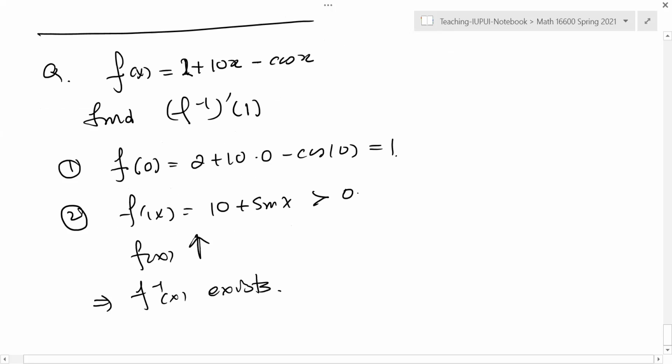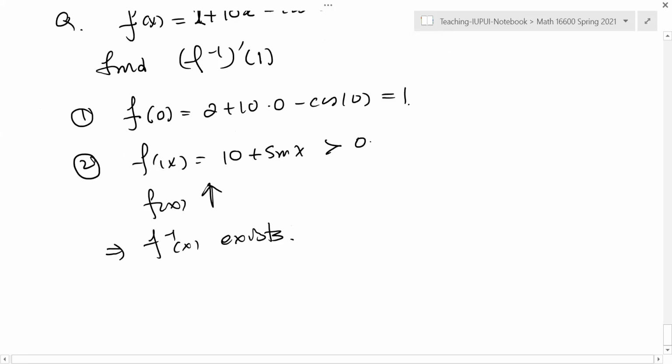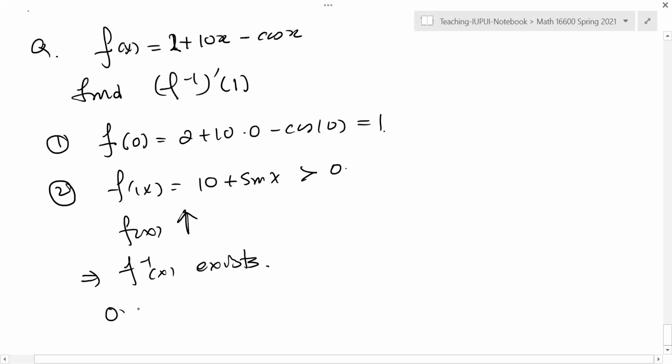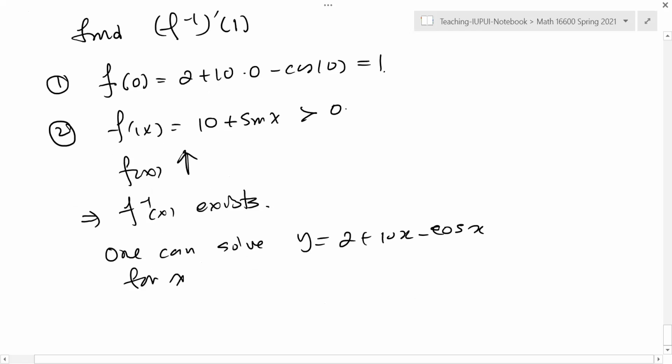So in other words, the inverse exists means, roughly speaking, one can solve this equation for x, okay? So you're supposed to get x is going to be the inverse of y. Now, are you able to express the inverse function using elementary functions?